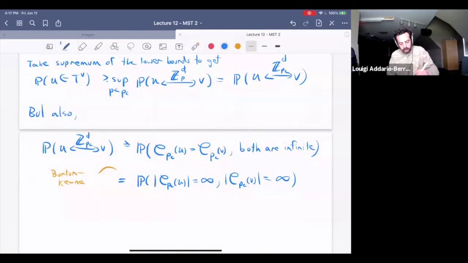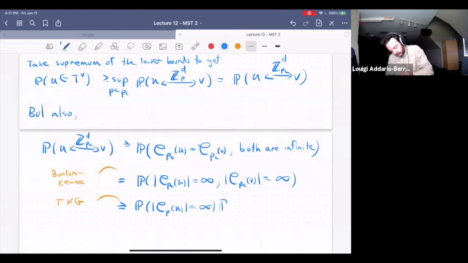Okay, so the FKG inequality tells me that increasing events are positively correlated. So this probability that both of these happen is at least the probability that one is infinite times the probability that the other is infinite.